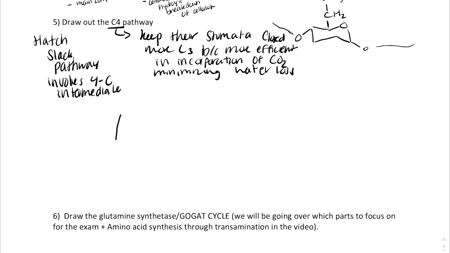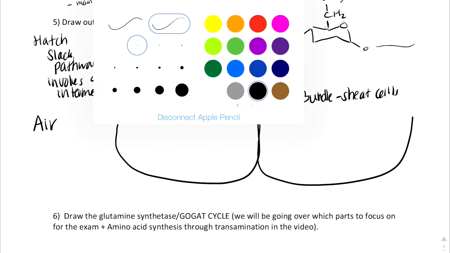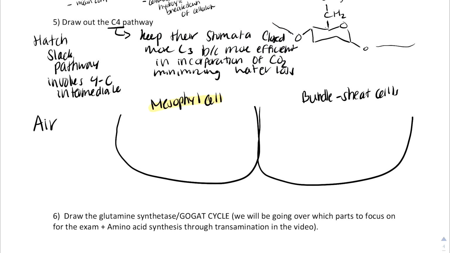So you have 2 types of cells. I'm just going to draw them like this. This is the air. This is the mesophyll cell. And these are the bundle sheath cells. Okay. So let me highlight these words.